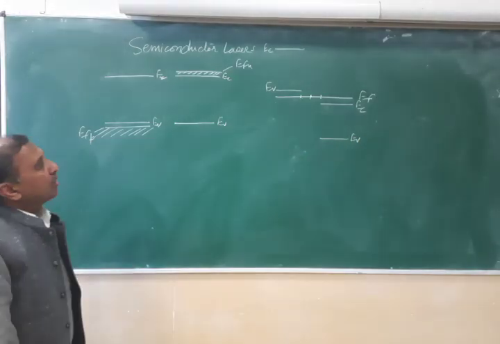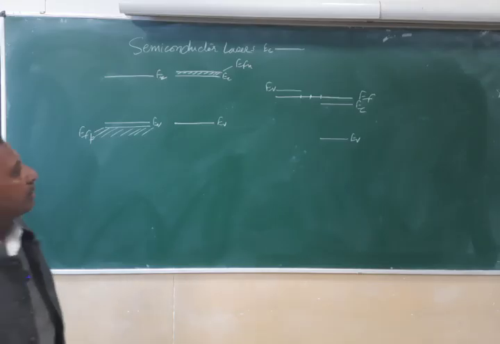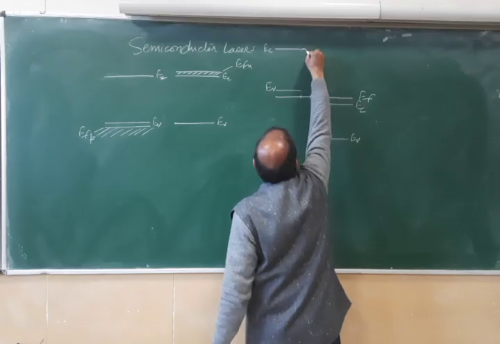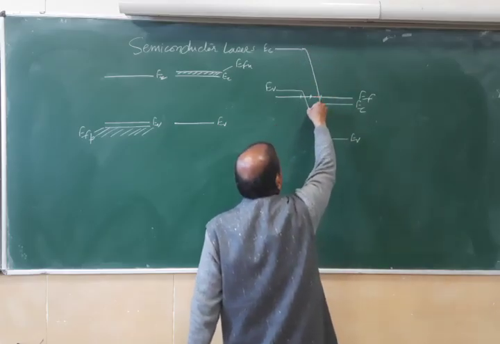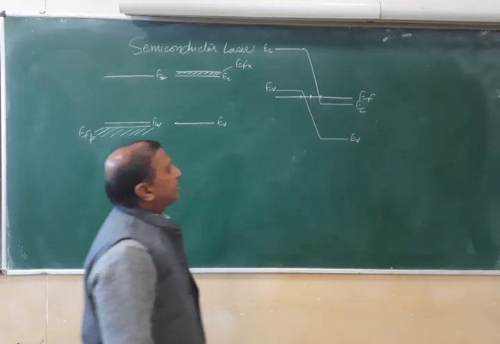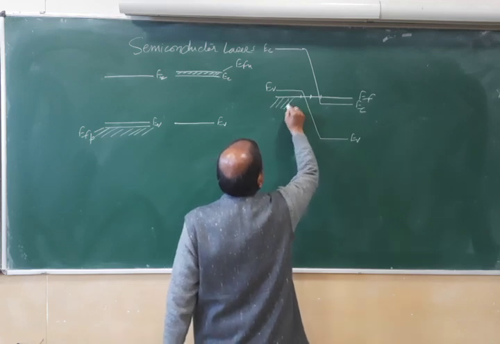Now, you join EC to EC and EV to EV. So, this is the band diagram now, and you show it like this.